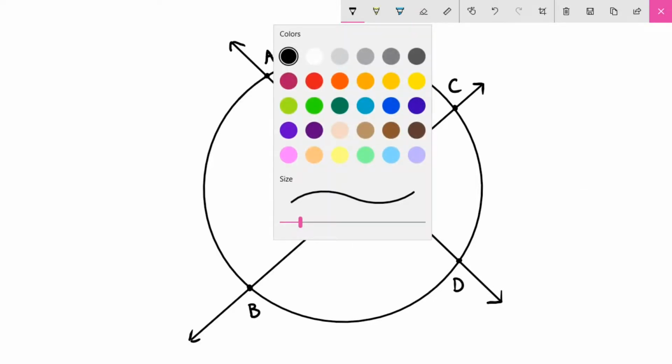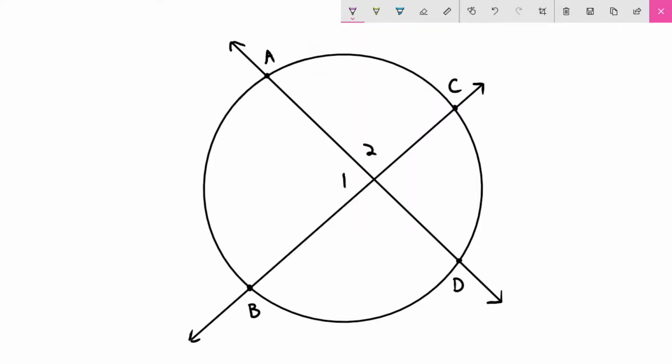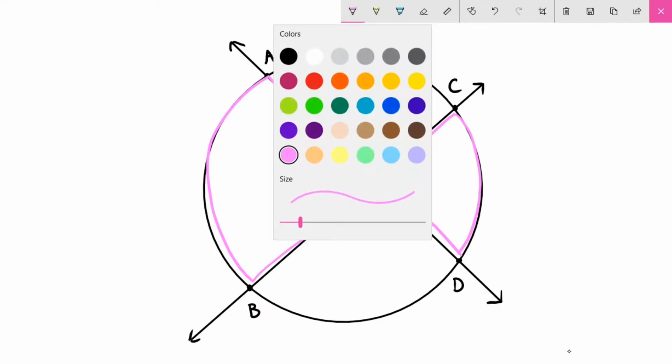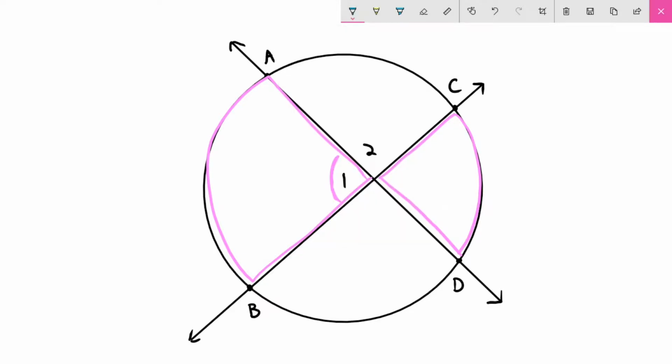In case you didn't get it, you want a more visual, just kind of from the rough. It's like this. If I wanted to find the measure of angle 1, I like to imagine that there's a little piece of pie. See this piece of pie? That's the measure of angle 1. Okay, but where's the piece of pizza right across from that one? That's over here, right? So if I wanted to find angle 1, I'm going to draw those 2 pieces of pizza, and there's going to be numbers. There's going to be measures of angle. So let's say this one was like 120 over here, and this was 60 over here.